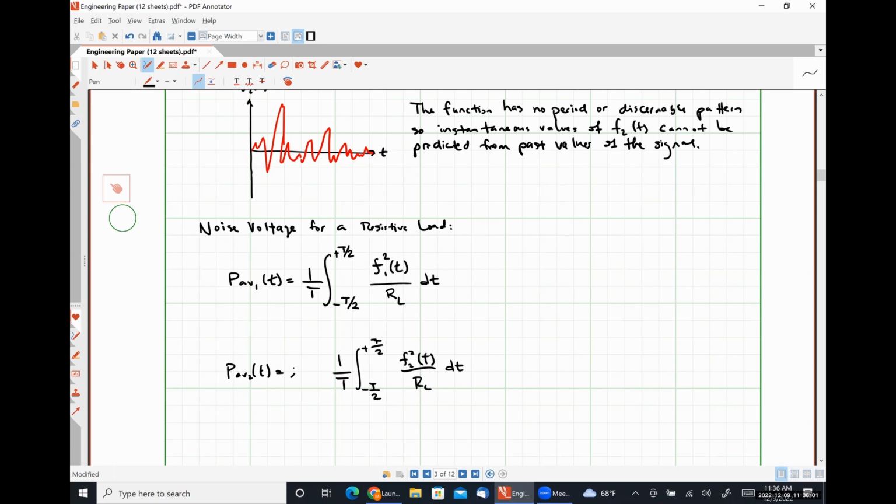But now we are going to take the limit of this as T goes to infinity. Okay. So this is what our average power is going to look like.